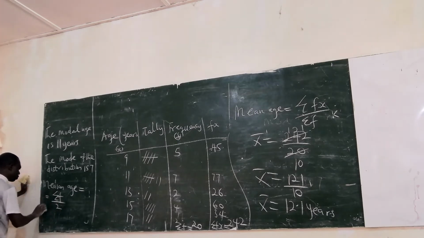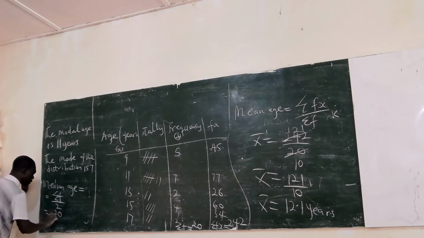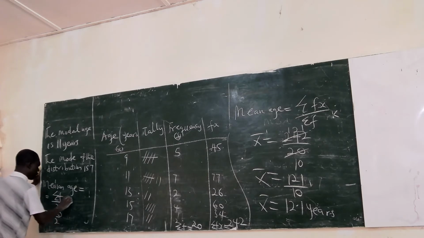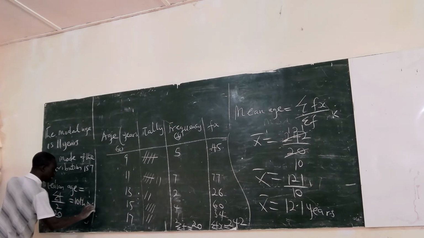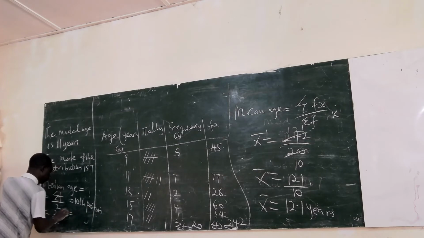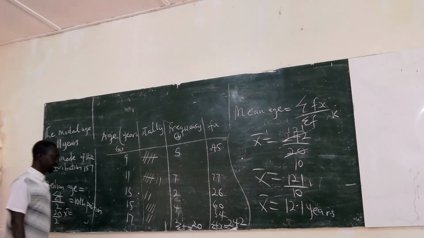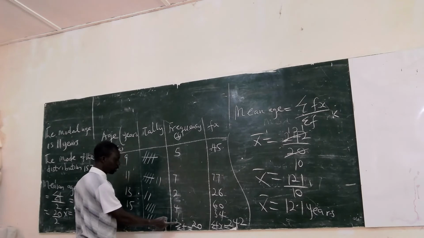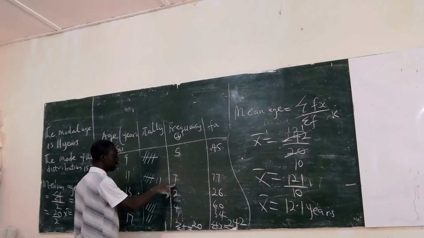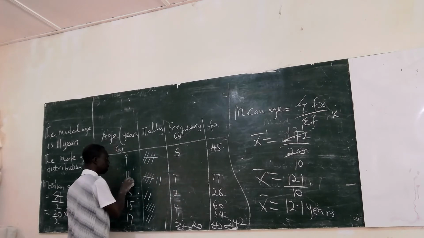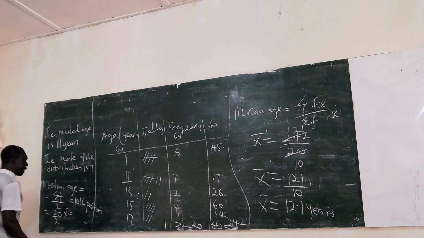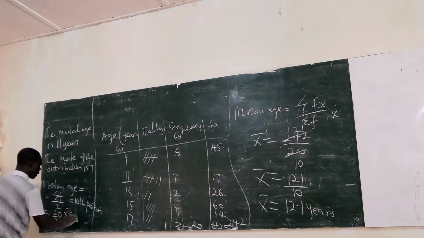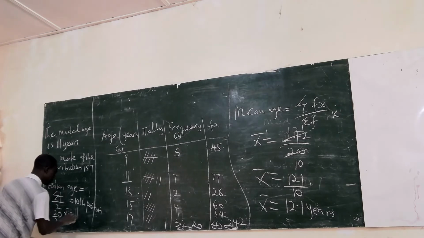So 20 divided by 2 gives us 10. 10th position. This is not the answer, we are not going to the table to find the final answer. So let's find the cumulative sum: 2 plus 4 is 6, 8, 15. Right? This position is 12. So now our median age is 11 years.